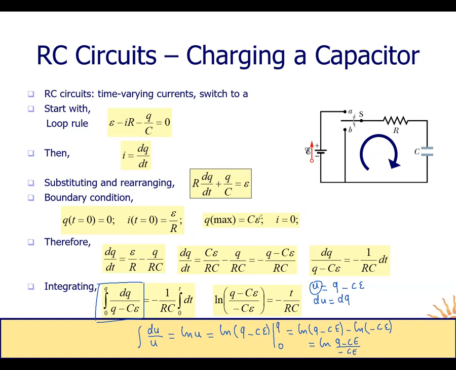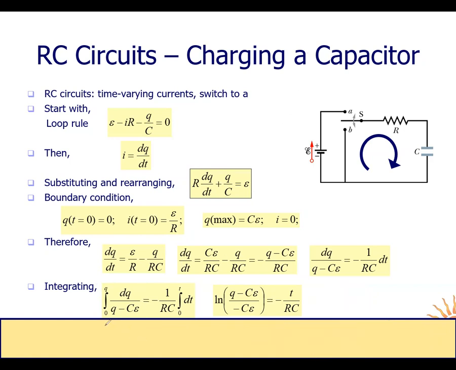So we can write ln of q minus CE divided by minus CE equals to minus t divided by RC. ln a equals to b, so a equals to exponential b. So here we have ln a equals to b, so a equals to exponential minus t divided by RC.